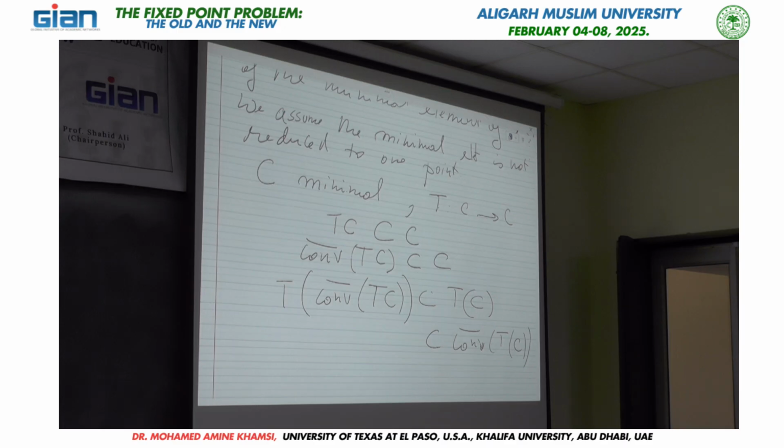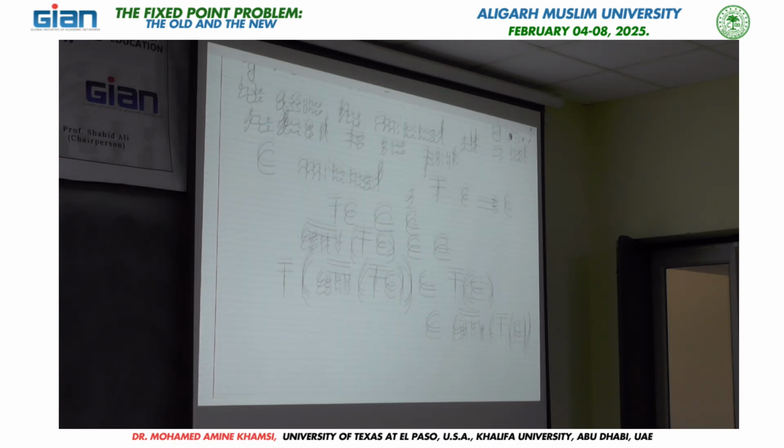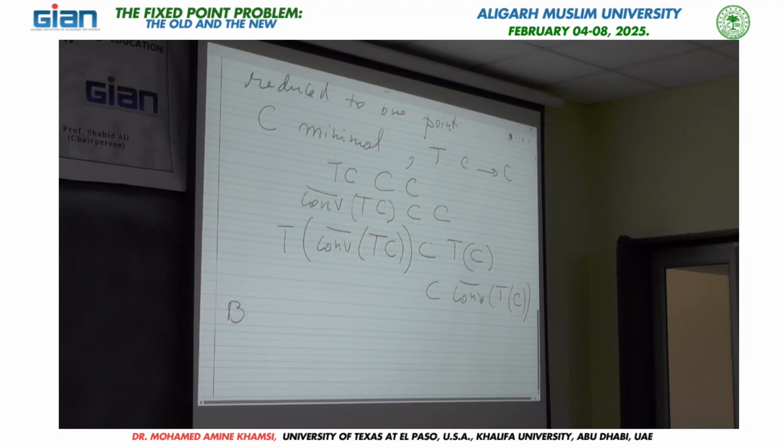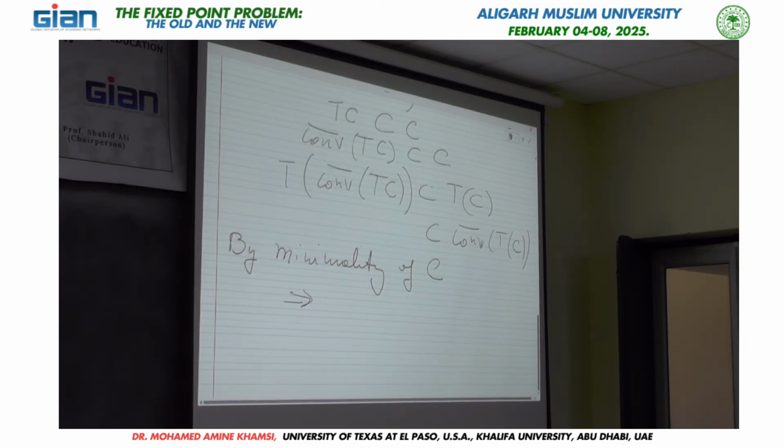It is closed, convex. Therefore, by minimality of C, we have C equal conv of TC.